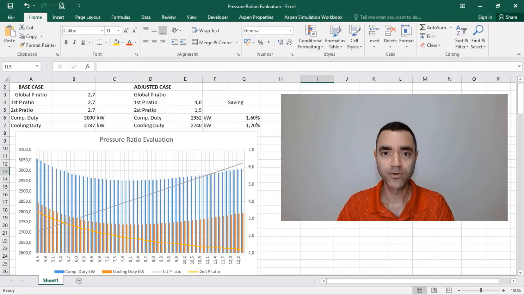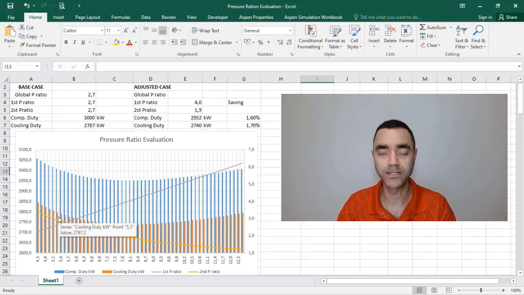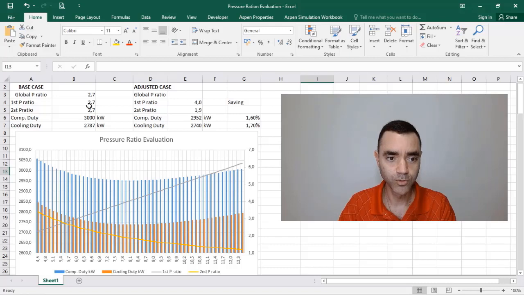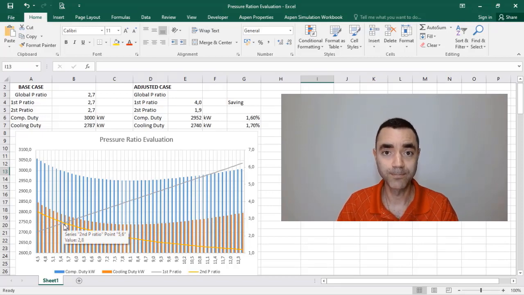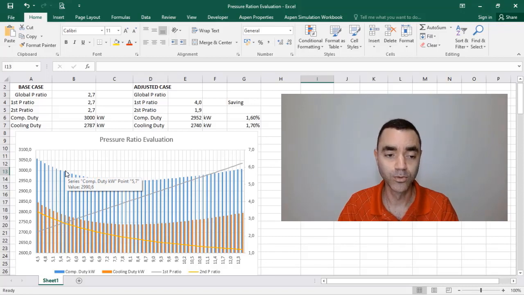What can we get from this pressure ratio evaluation graph? We can see that we have here a curve for the first stage pressure ratio and also for the second stage pressure ratio. And where they meet each other is related to the pressure ratio for the standard calculation. So here we have 2.7 pressure ratio or around that for each stage of compression, but the power consumption in this case is represented by the blue bar.